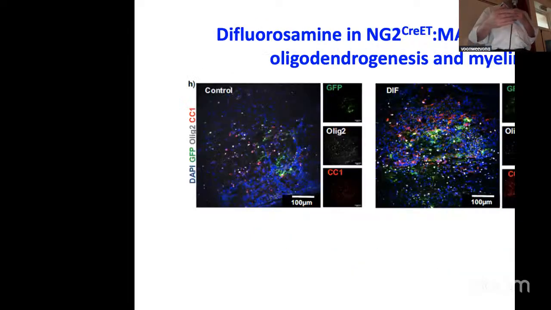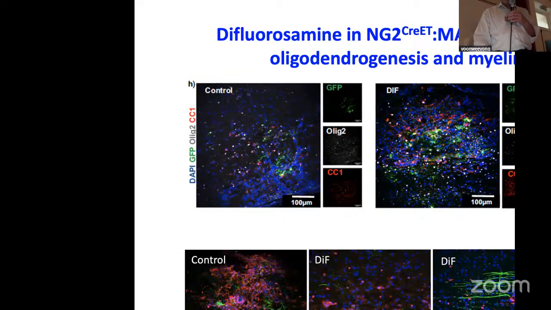And now looking again at regenerative profiles, oligodendrogenesis being increased by difluorosamine, and looking at the production of new oligodendrocytes and myelin profiles using this transgenic line, you see that in difluorosamine treated animals, the cells tend to have very, very prominent processes compared to EAE control.